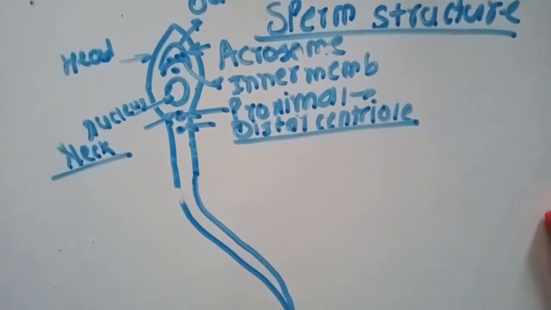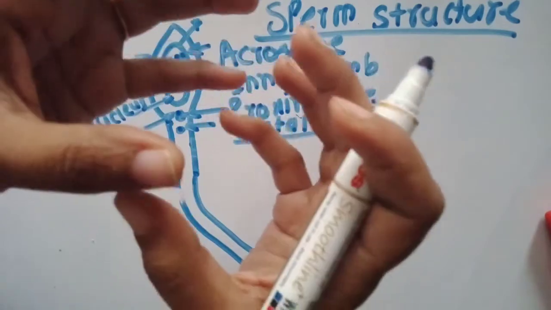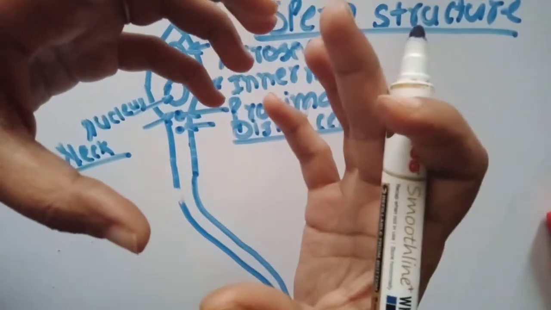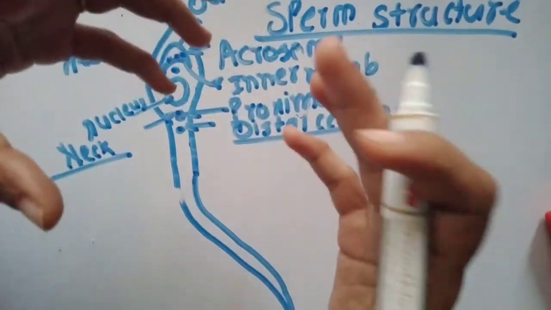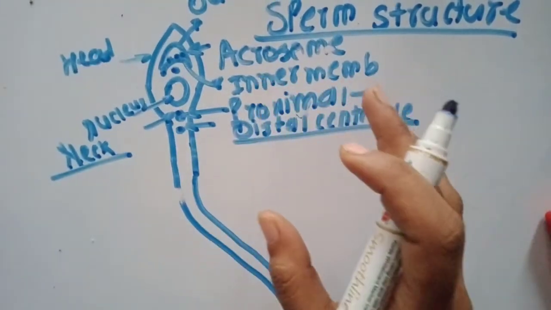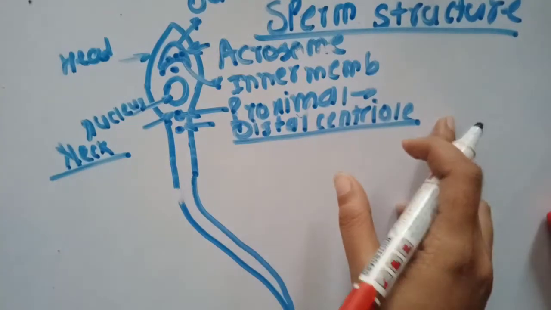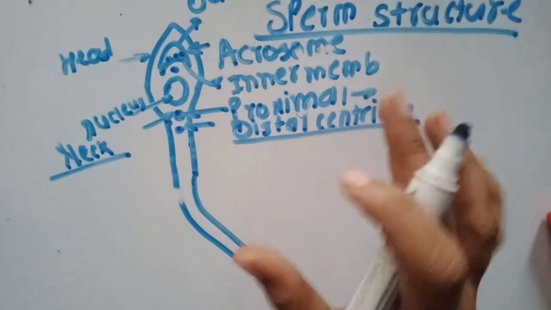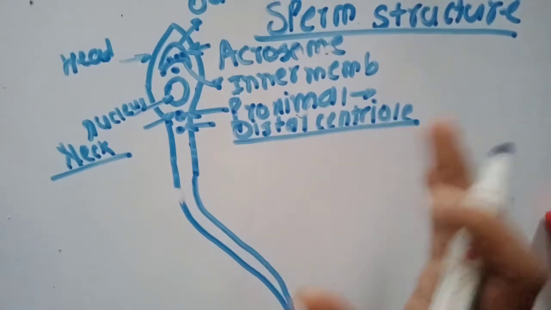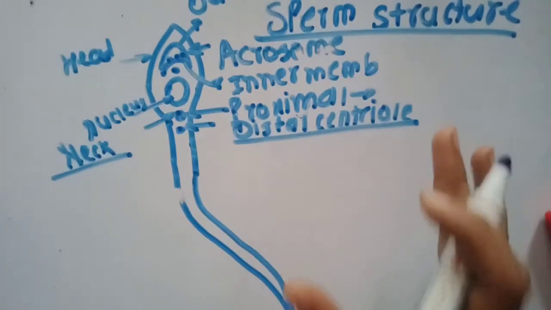When the sperm fuses with the egg and the zygote forms, the zygote undergoes division and cleavage happens. During this cell division, the proximal centriole plays a very important role in spindle fiber formation, and because of the spindle fibers the mitosis or cell division takes place.